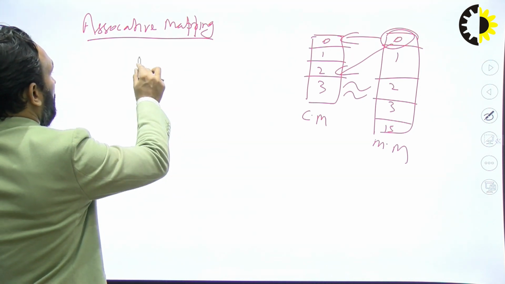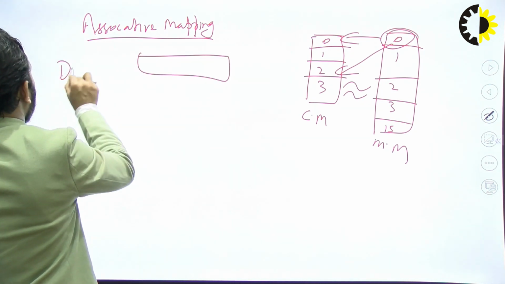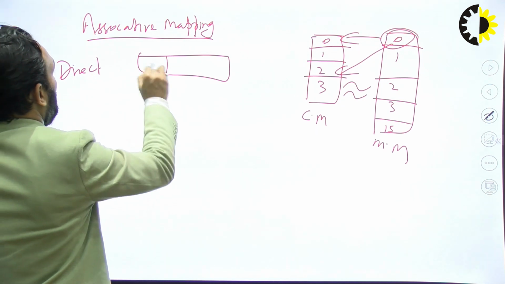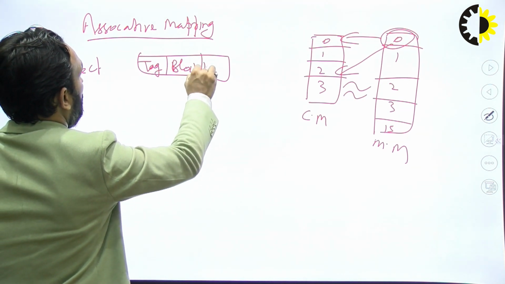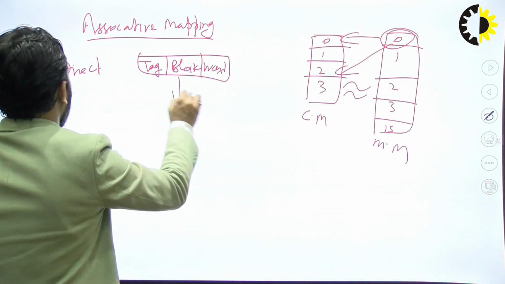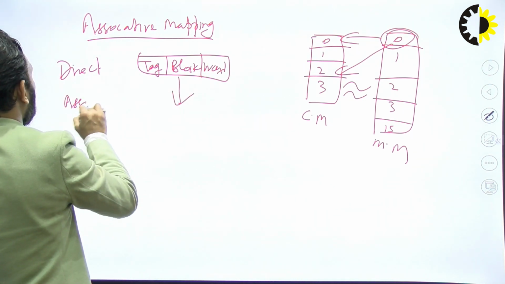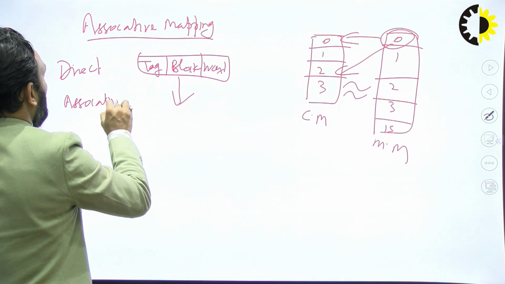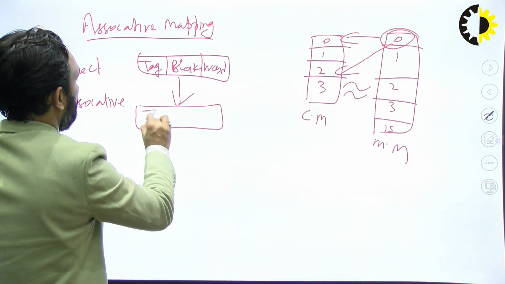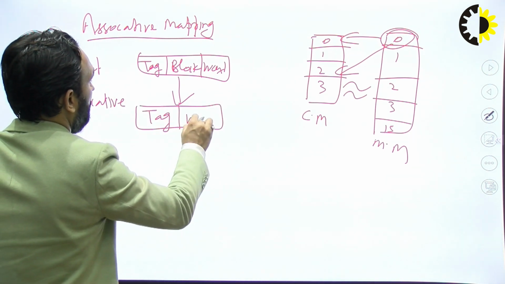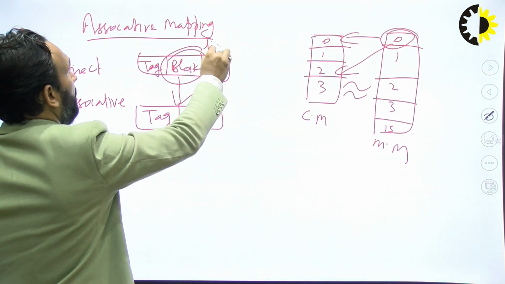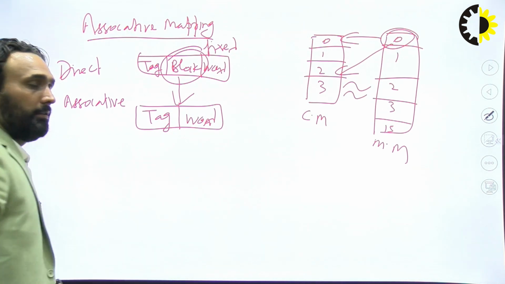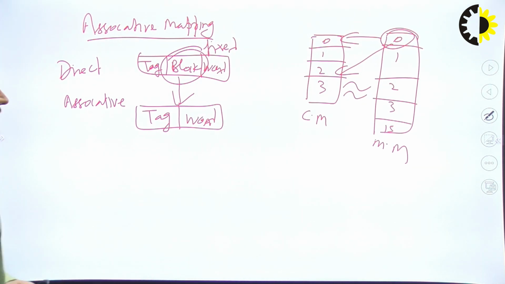So in direct mapping, tag, block and word. In associative, it will convert into tag and word, because block is not fixed, so we don't require it in its memory address representation.